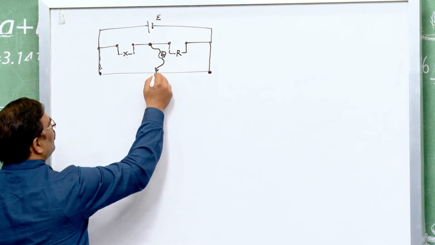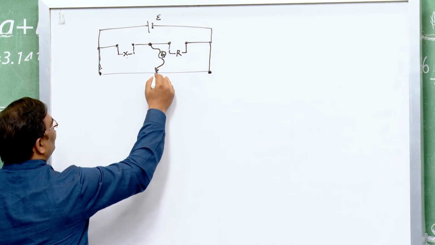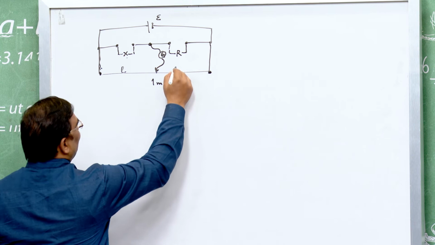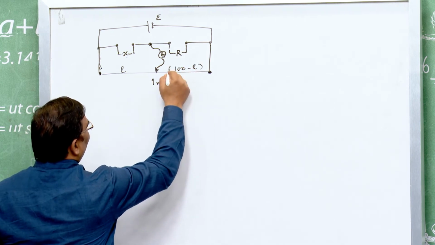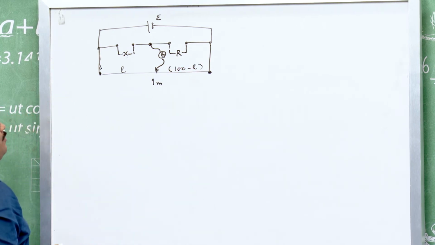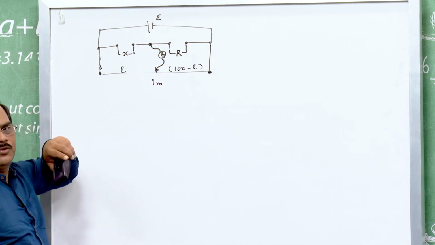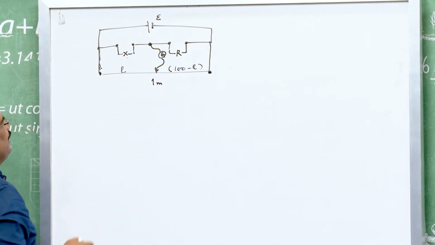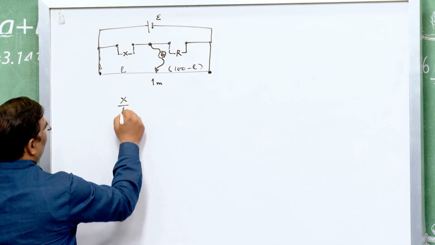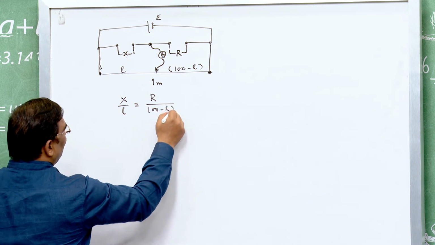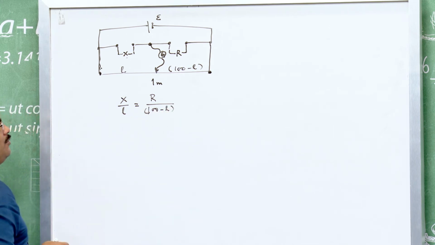If I slide the jockey, then at some point, suppose L cm from left and therefore 100 minus L from right, the current through the galvanometer is 0. So, this indicates that X by R equals P by Q equals L by 100 minus L, since the wire is of uniform resistivity.